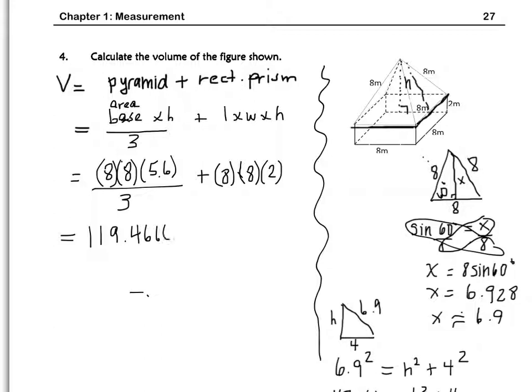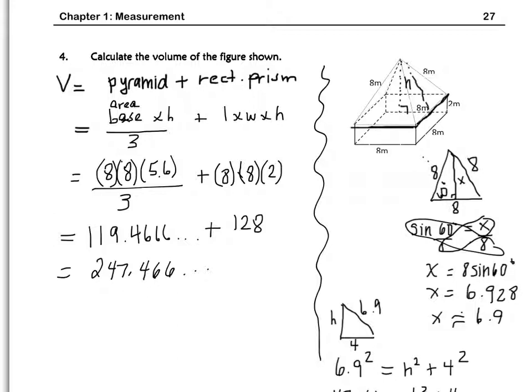So that would give you 8 times 8 times 5.6 divided by 3, 119.466, and so on, plus that would be 64 times 2, which would be 128. So if you add those together, you get 247.4666, and so on.